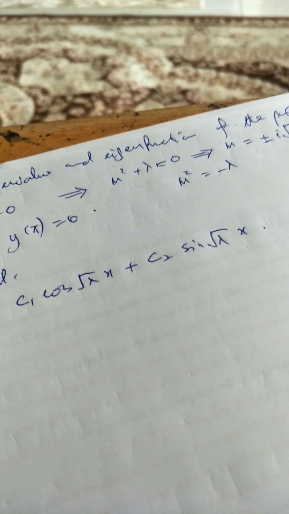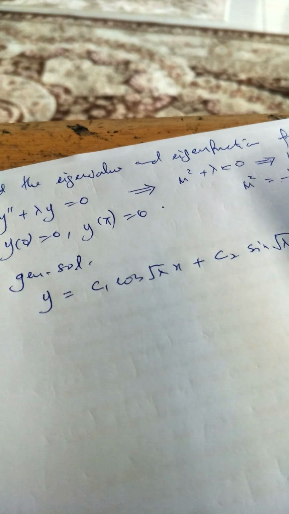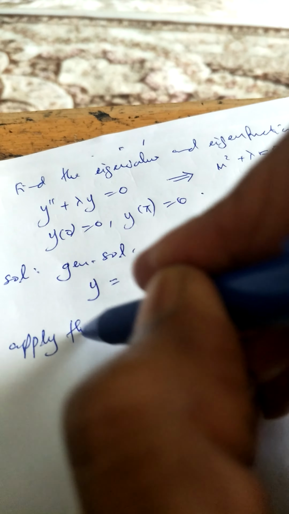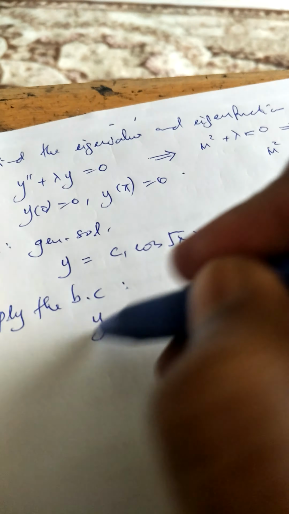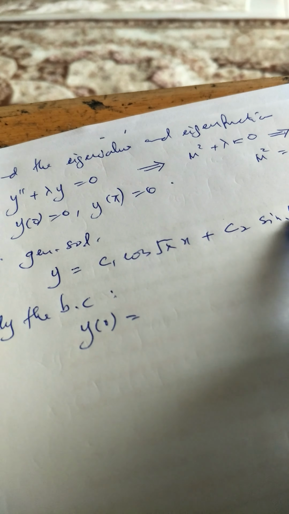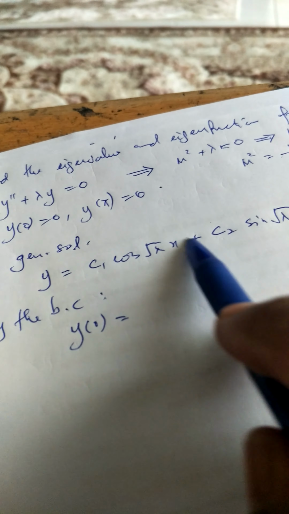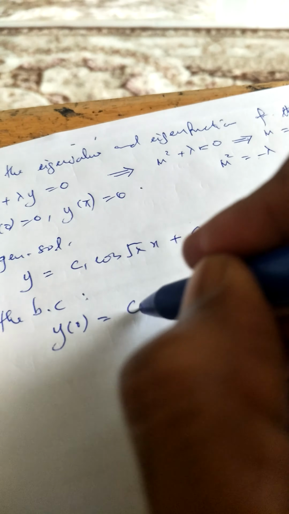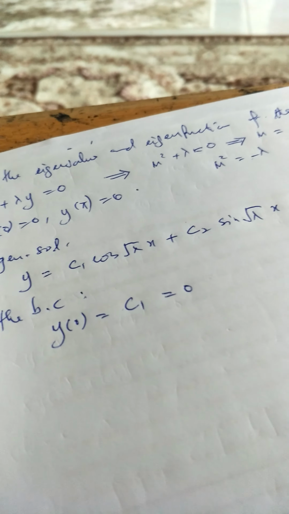Now we apply the boundary condition. When x is 0, we apply the boundary condition y(0) equal to 0. That gives you cos 0 which is 1, so c1 is basically 0.